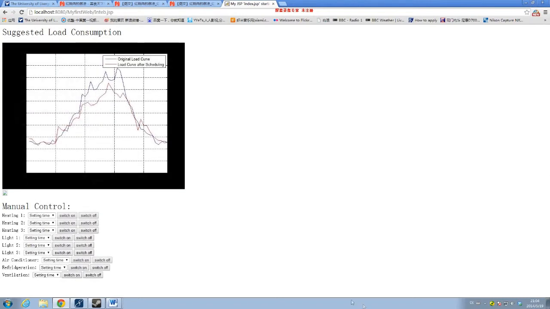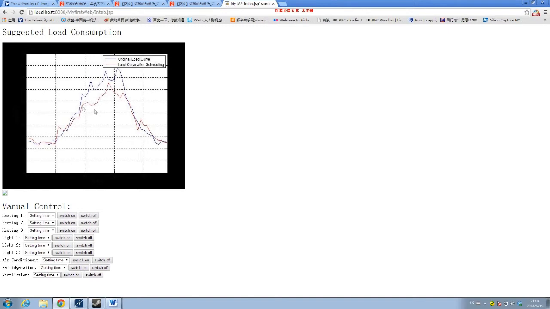One more page will pop up. So here we go. The suggested load consumption is shown in this graph. The original load curve, which is the blue curve, shows the load curve of a similar day, for example, last Tuesday is similar to this Tuesday, or last Friday is similar to this Friday.